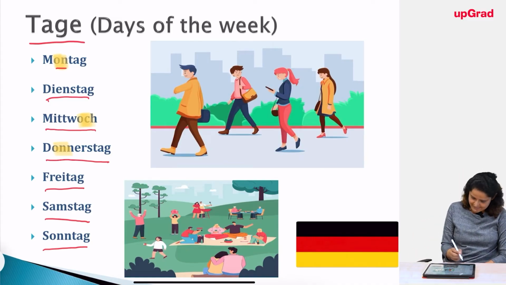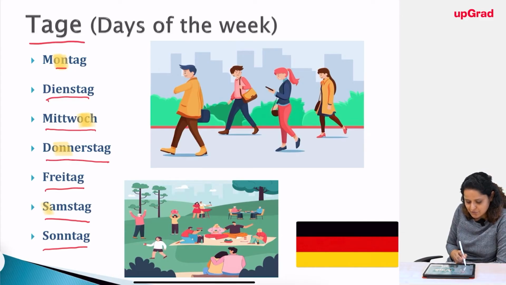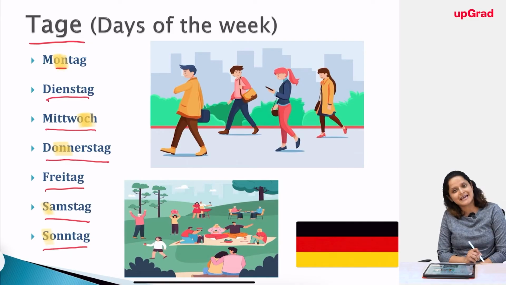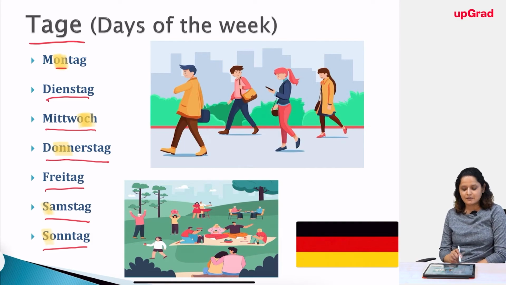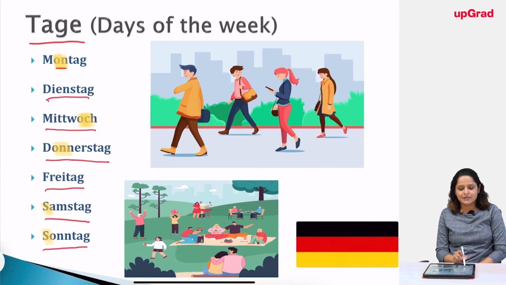Then the next pronunciation that we take a look at is the pronunciation of SA und SO as in Samstag and Sonntag. So Samstag, if you notice, the pronunciation of SA becomes ZA.